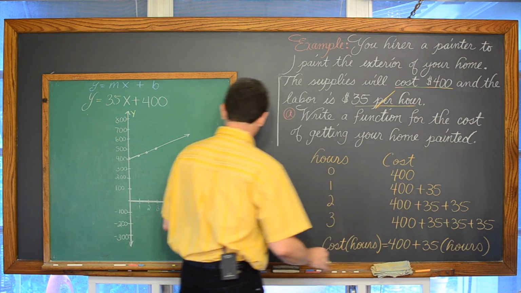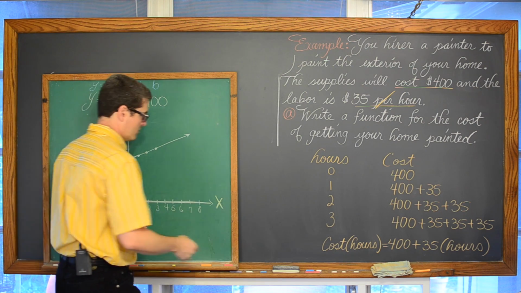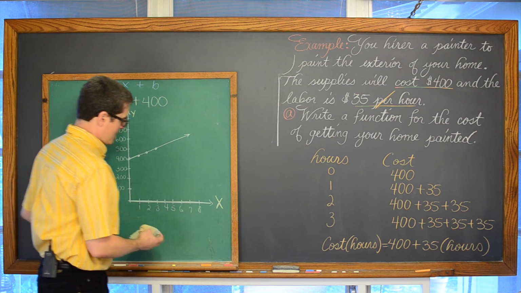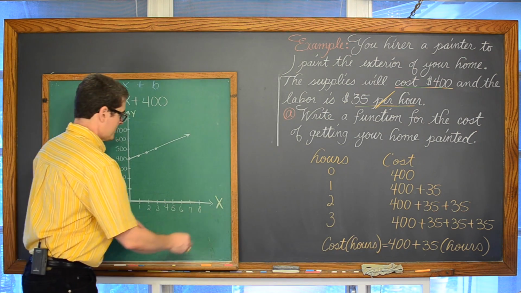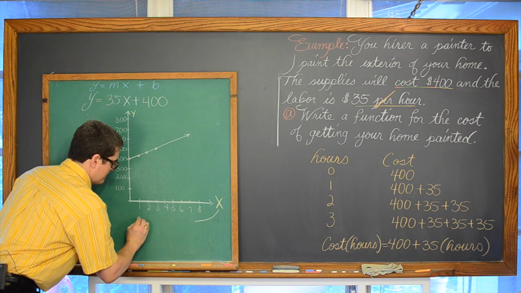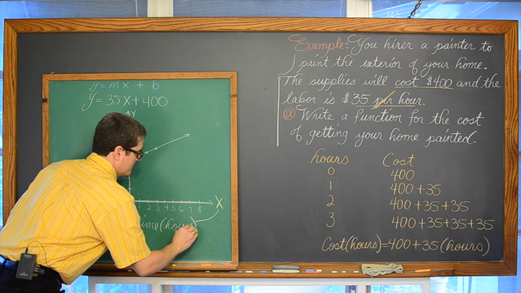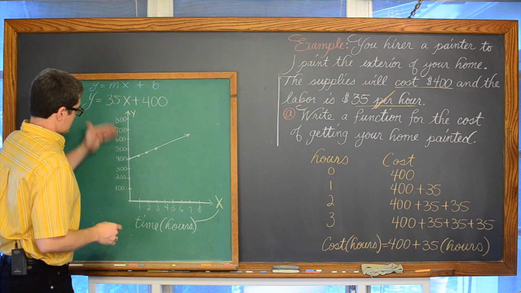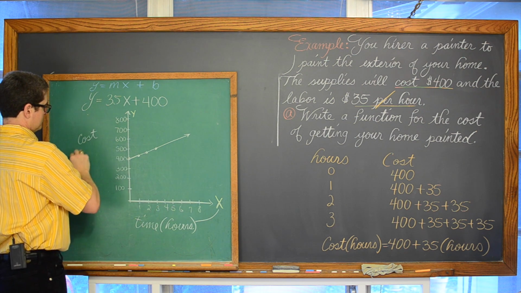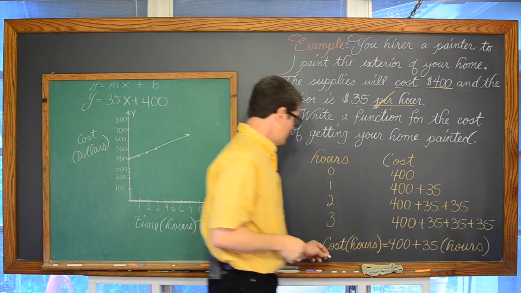And also, now that we have some kind of real-life concept or context to this problem, and you're not going to have any negative values for the cost of the job, now we can say x is not just x, it is the hours or the time to complete the job in hours, and this y-axis is the cost to do the job in dollars.